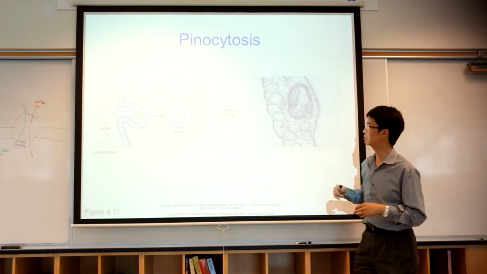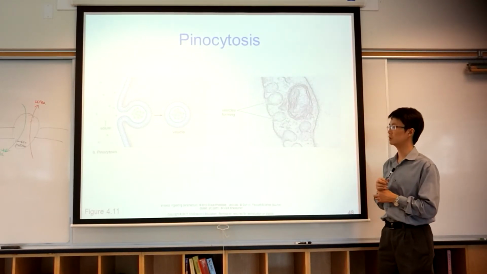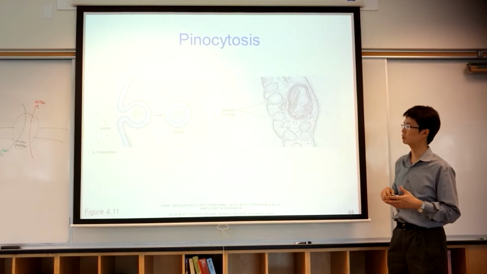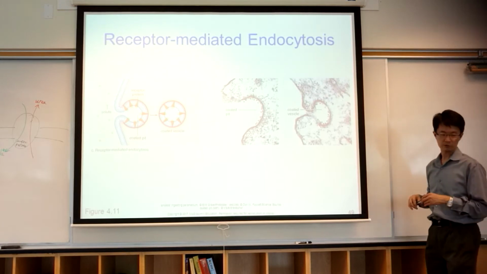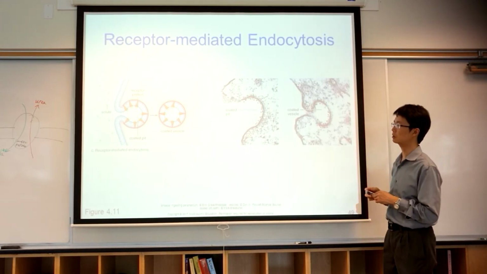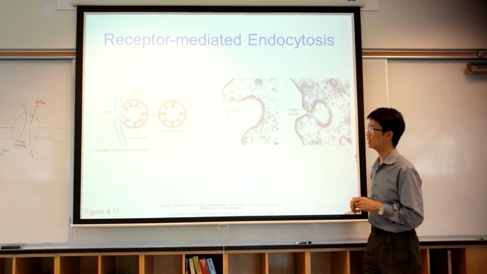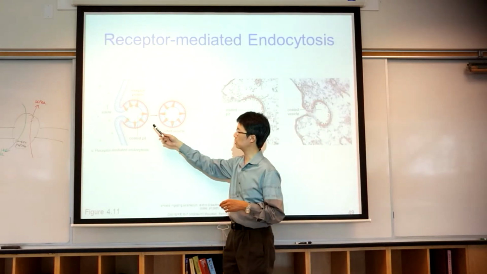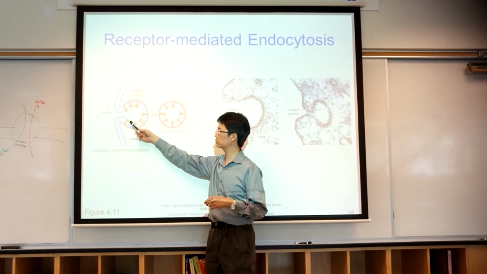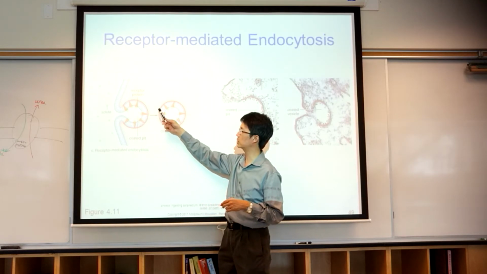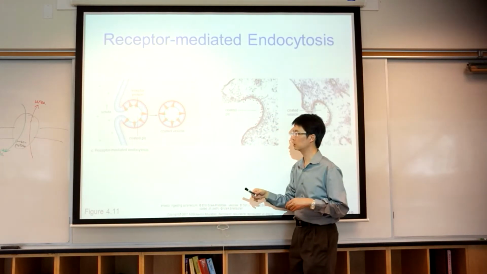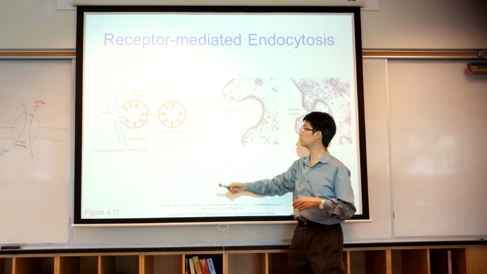They just want to drink water or replenish the cytoplasm. Receptor-mediated endocytosis is the binding of a specific solid on the receptor on the surface of the cell membrane, which triggers the invagination and endocytosis to form a vesicle.